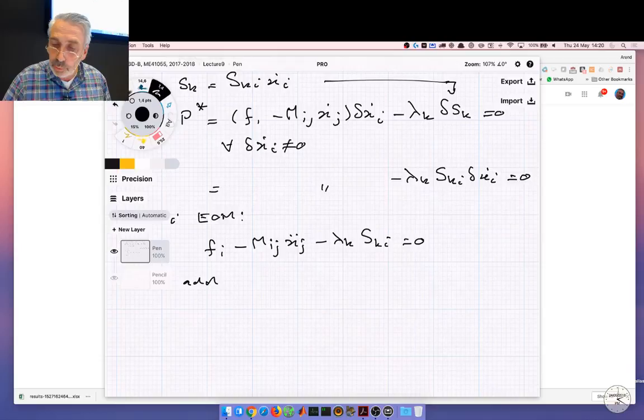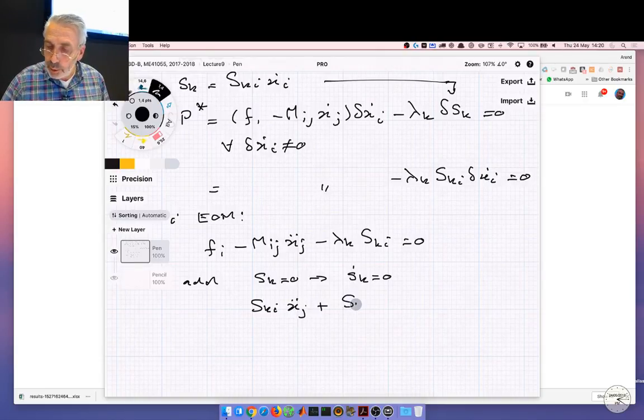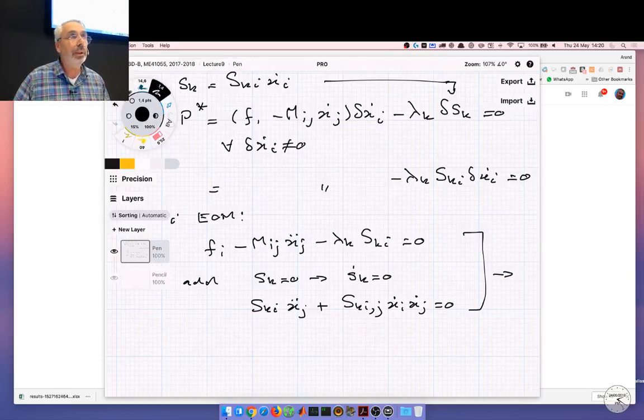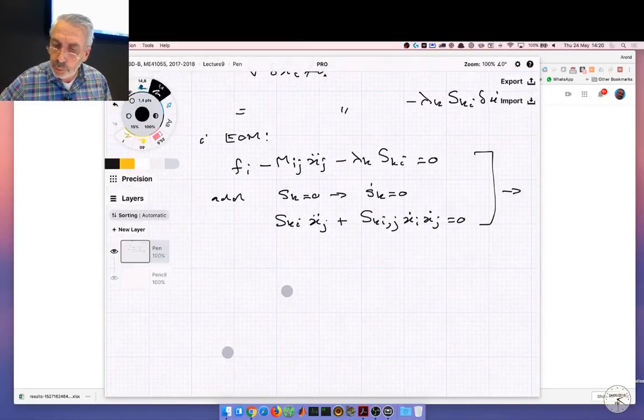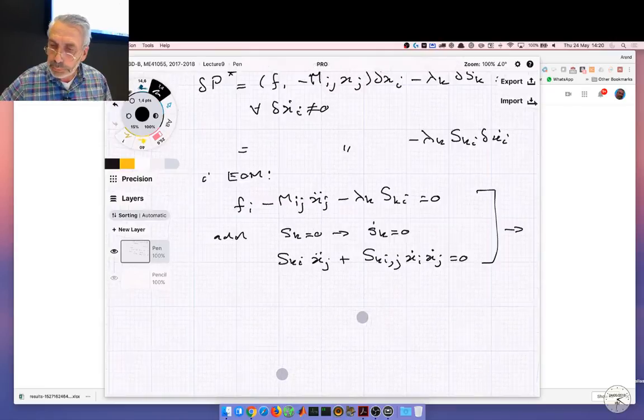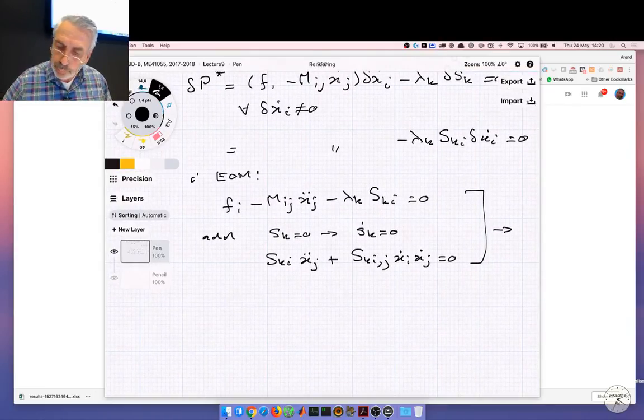So we can first say Sk should be 0, and then we differentiate it so that S dot k should be 0, or written out, Ski x double dot i plus Ski comma j x dot i x dot j, these convective terms, should be 0.